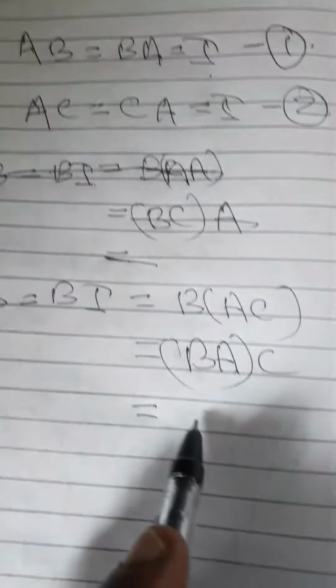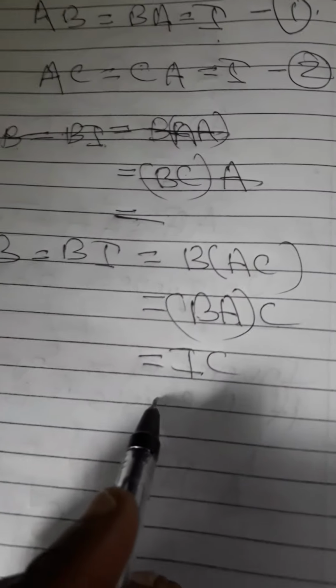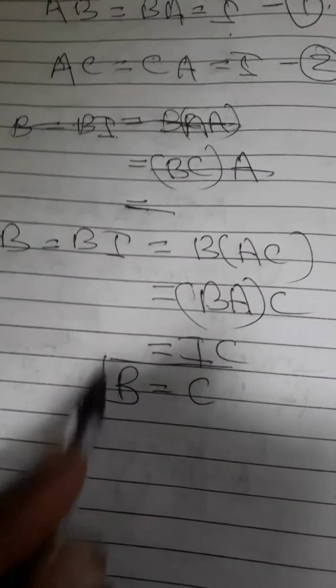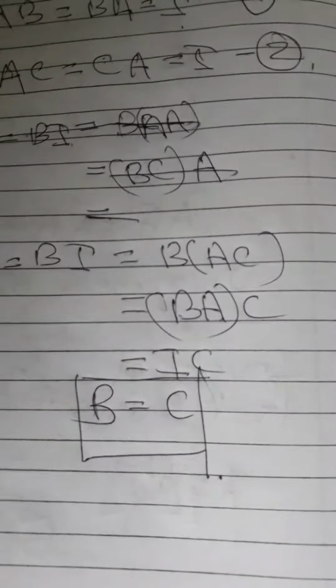I into C, which is equal to C. So here what we get is the matrix B is nothing but the matrix C.